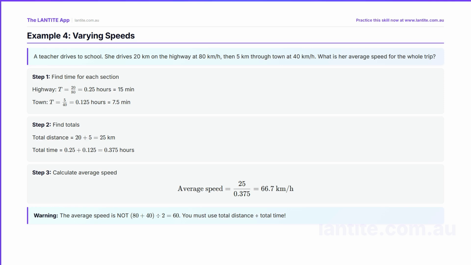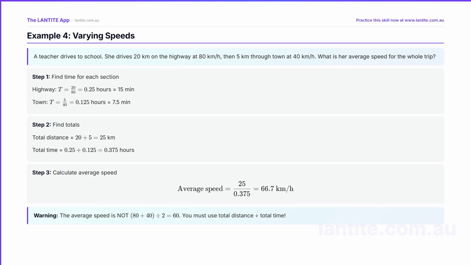This is a very important example because it highlights a common trap. A teacher drives 20 kilometers at 80 kilometers per hour, then 5 kilometers at 40 kilometers per hour. What is her average speed? Many students would just average 80 and 40 to get 60, but that is wrong. We must calculate the time for each section first. Highway: 20 divided by 80 equals 0.25 hours, or 15 minutes.